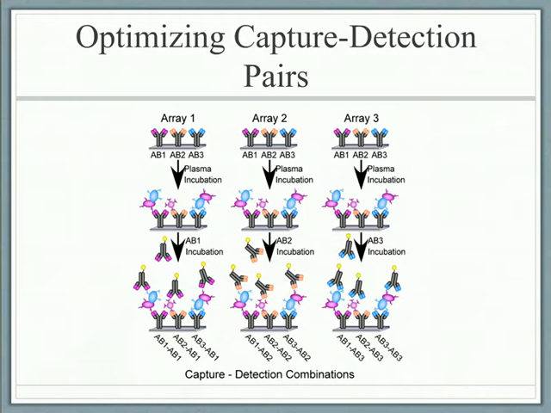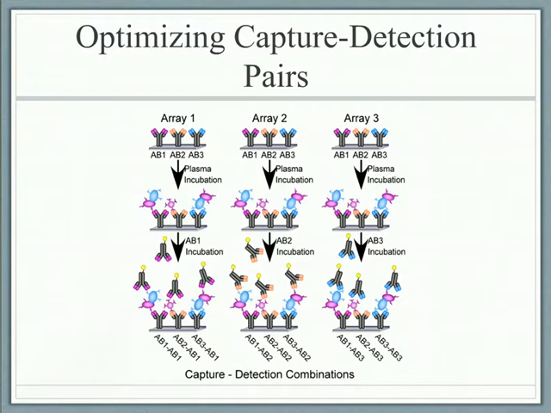So you see on the top there a picture of 3 identical antibody arrays, each printed with antibodies 1, 2, or 3 against the same target. In this case, it was against a glycan, is the way I've depicted it. And then we incubate the proteins on the antibody array.